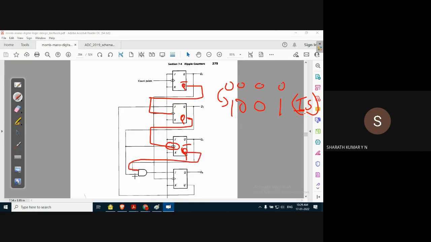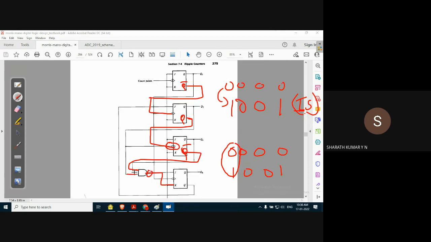When it reaches 0000, the next state should be 1001. That means it should go from 0 to 1. For 0 to 1, one possibility is that the output of the AND gate can be given to the K input, which is the reset input, or else we can use a NAND gate.